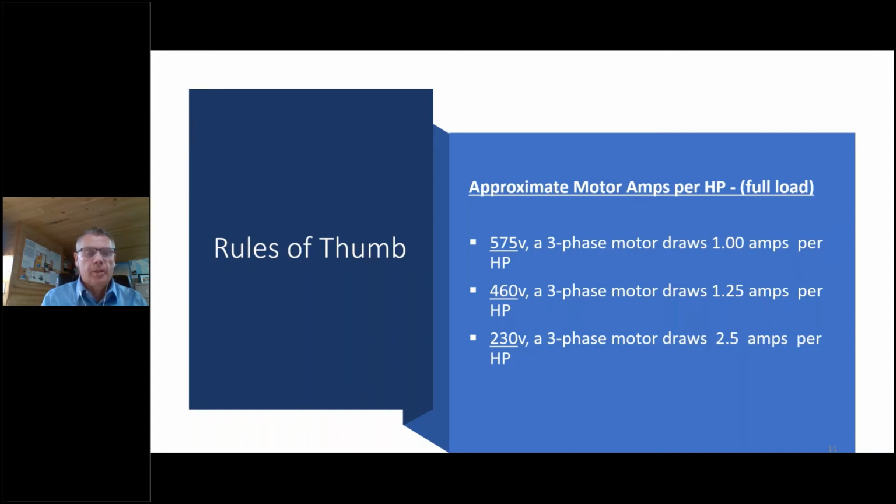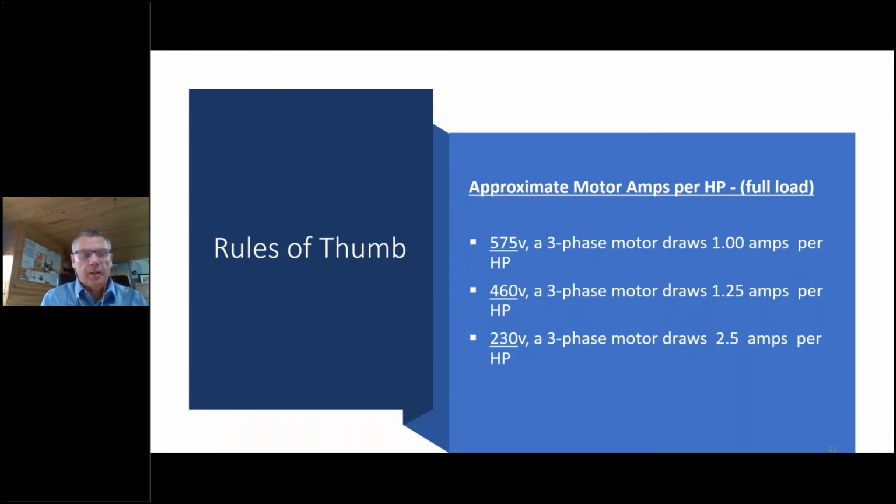It's an anomaly. If you go down to Georgia, there are some textile mills that do use 575 volt motors. But that's one of the challenges we have in Canada: the availability of 460 volt motors is a lot more common, with a lot more inventory to pull from on 460 versus 575.